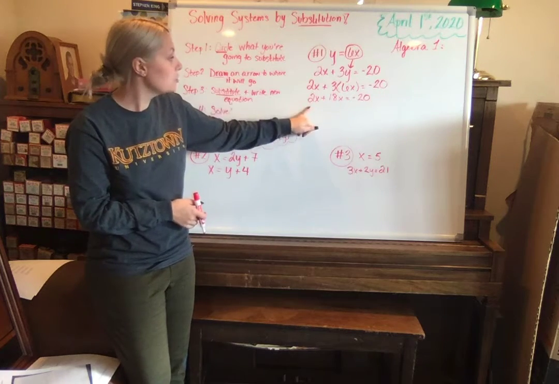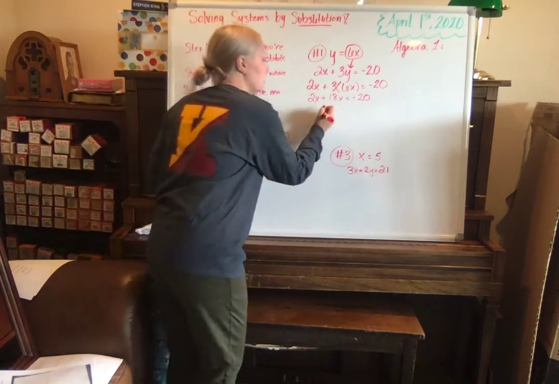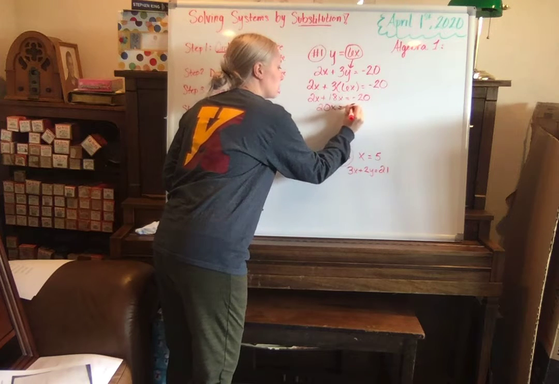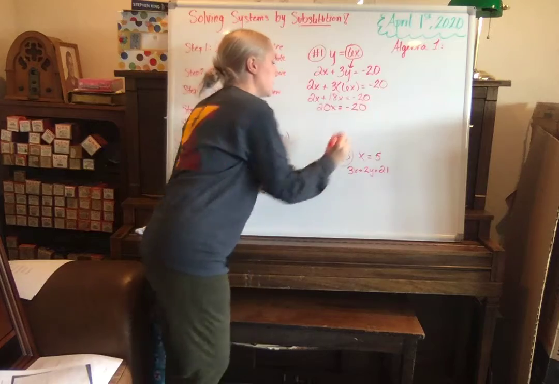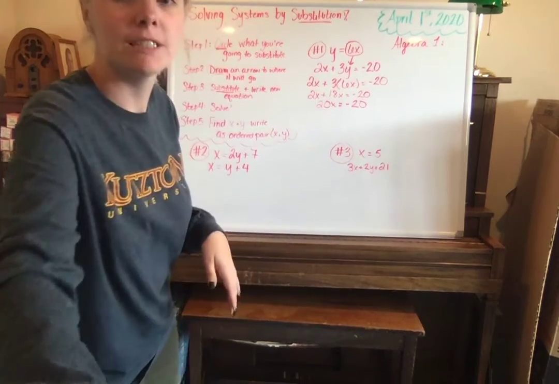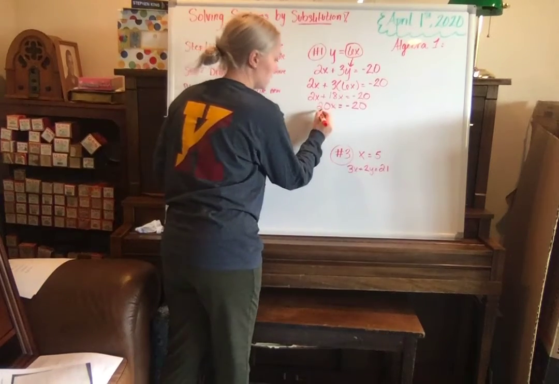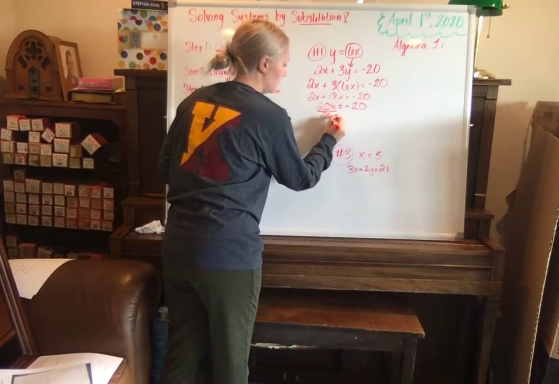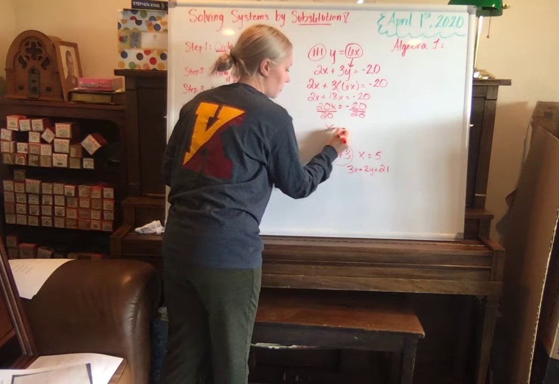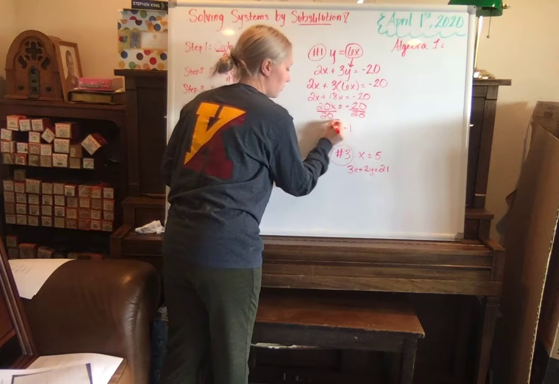We take this 2x plus the 18x, which gives us 20x equals negative 20. Now to get the x completely by itself, we're just going to divide both sides by 20, which gives us our answer of x equals negative 1.